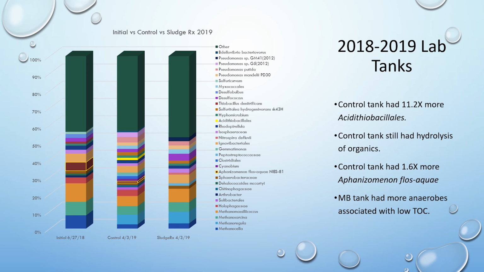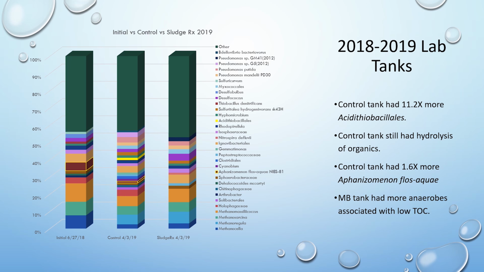The control tank had 11.2 times more Acidithiobacillus than the Sludge Rx tank, and also had 1.6 times more Aphanizomenon flosaquae than the Sludge Rx tank. Now, Aphanizomenon is a cyanobacterium. This indicates, based on what we were seeing in these distributions, that the control tank had more anaerobic hydrolysis of organic carbon, while Sludge Rx tanks had more microbes that were associated with a lower total organic carbon.